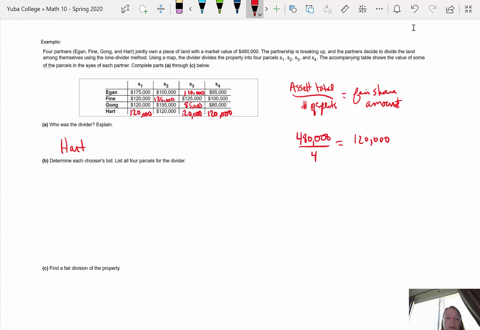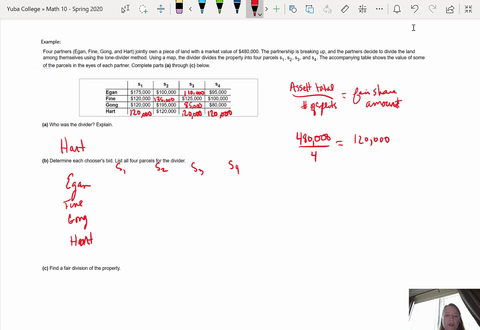Determine each chooser's bid. List all partials, 4 parcels for each divider. Okay, so we have Egan, Fine, Gong, and Hart. We have S of 1, S of 2, S of 3, and S of 4.